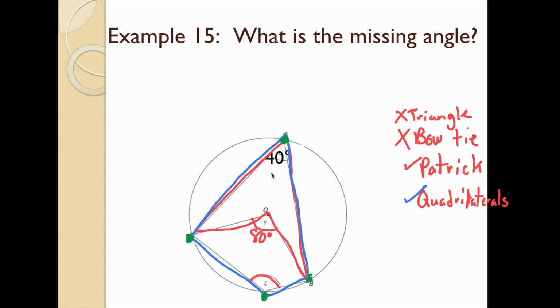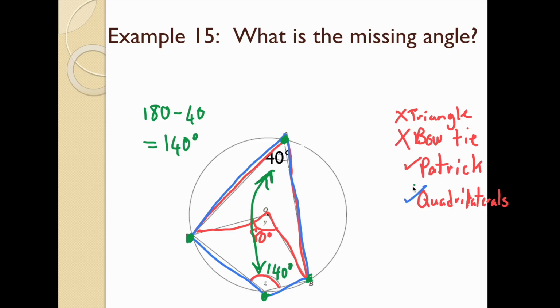What do we know about the angles opposite of each other in a cyclic quadrilateral? What do they add up to? 180. Lovely. So you could say 180 minus 40 gives us 140 degrees. So right here would be 140 degrees because this here is a quadrilateral. What happened here is we used two separate theorems that we learned so far.